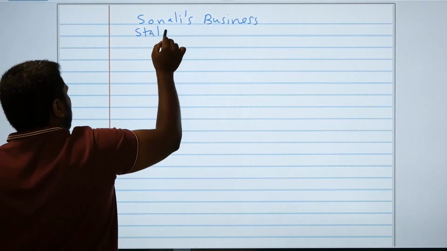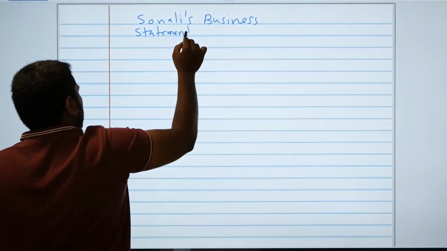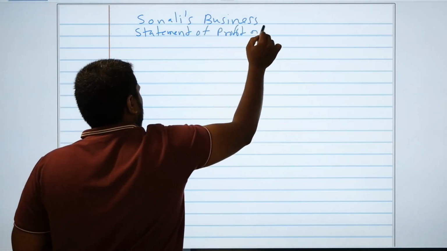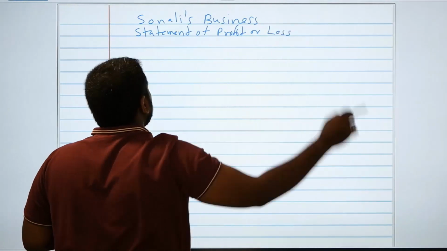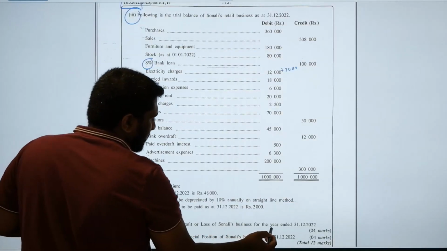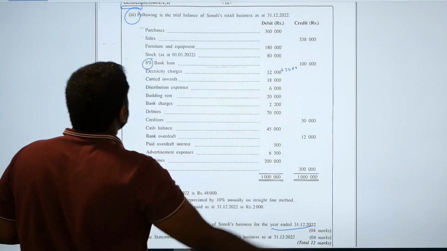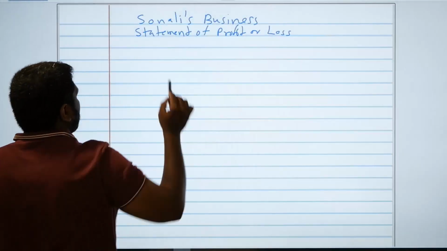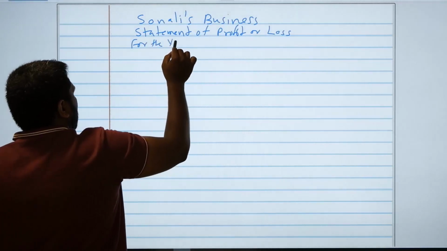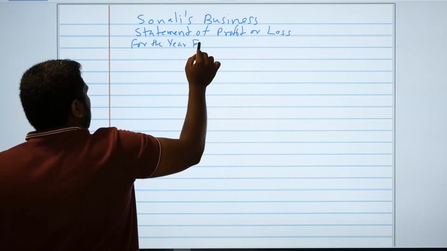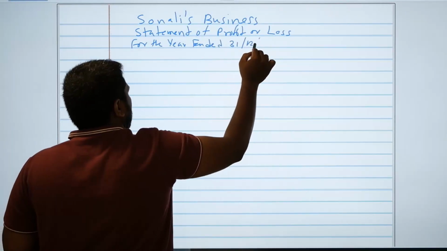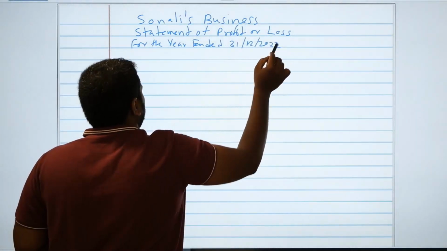statement of profit or loss. They are asking us to prepare the statement of profit or loss for the year ended 31st December 2022. For the year ended 31st December 2022.